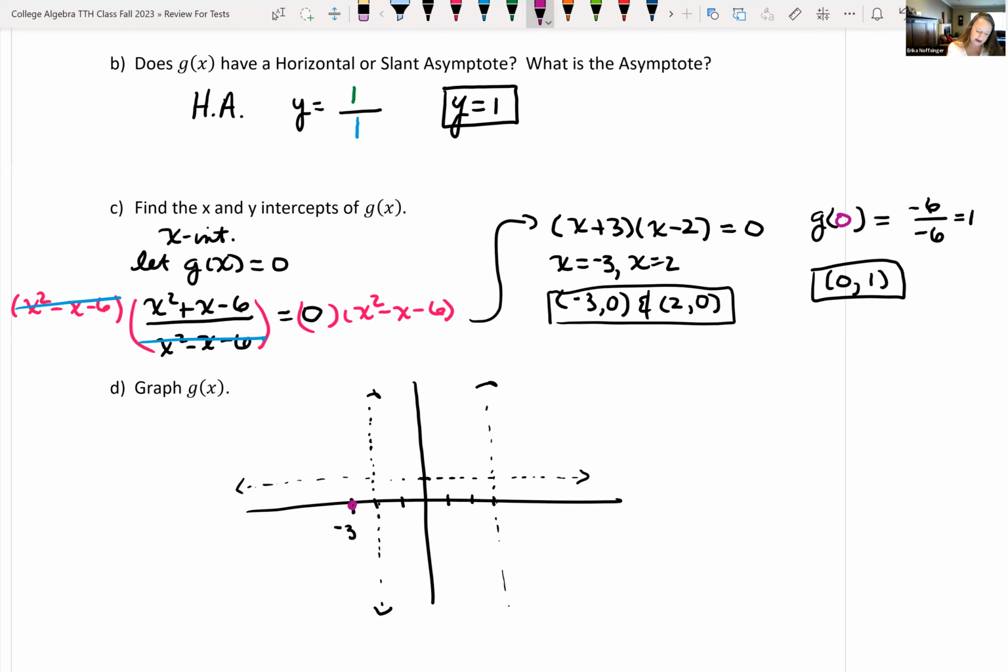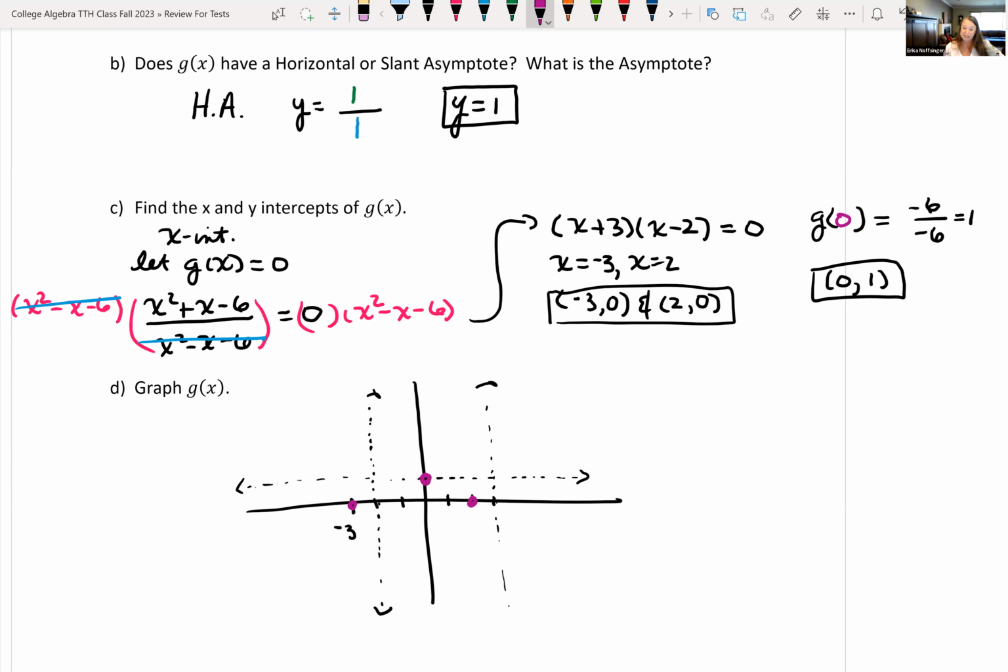And at 2, 0. And a y-intercept at 0, 1. So I can actually tell what the shape of that graph is going to look like between those two vertical asymptotes, x equals -2 and x equals 3, just because of where the points are.